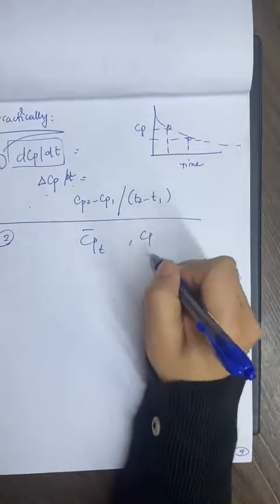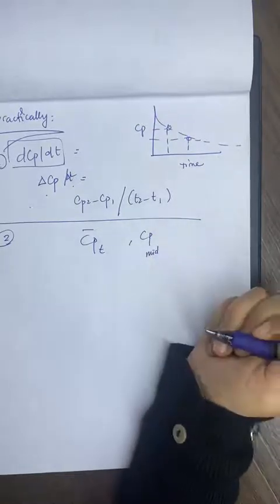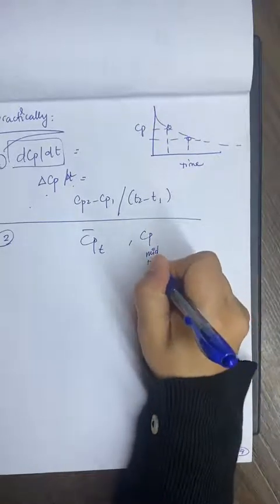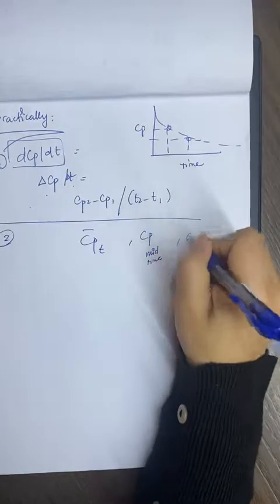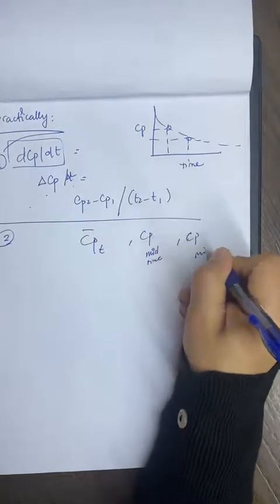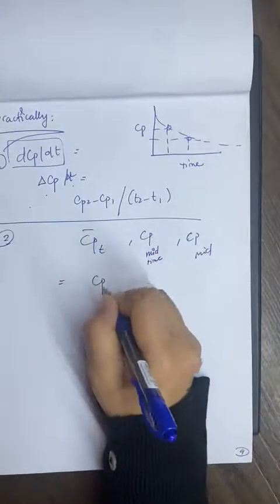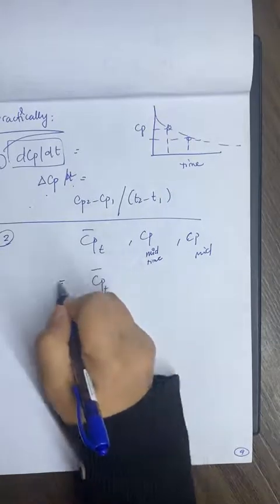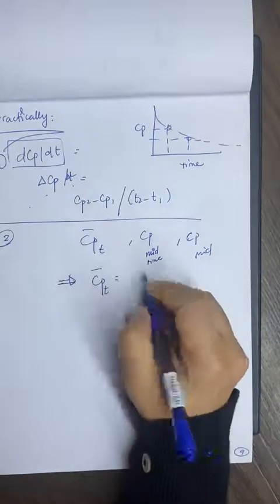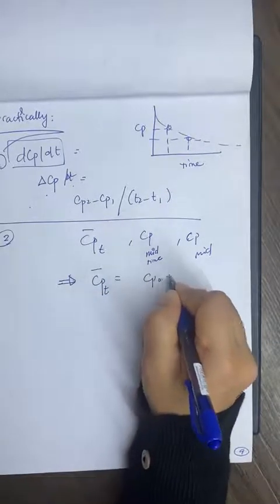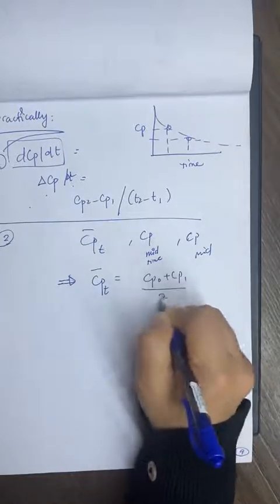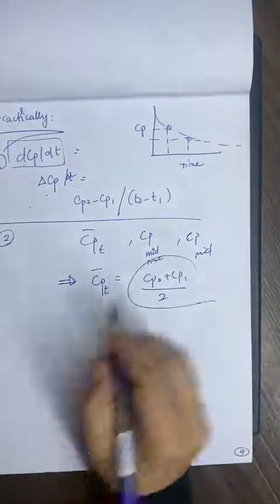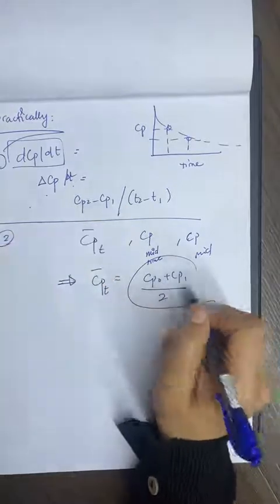You have different ways of representing it, mid-time or just C mid, which will be equal to concentration 1 plus concentration 2, over 2, just the average of it.